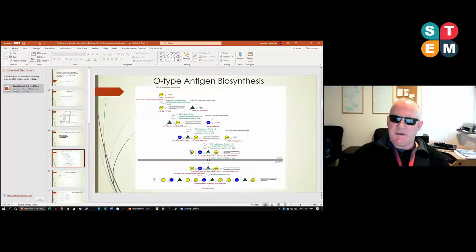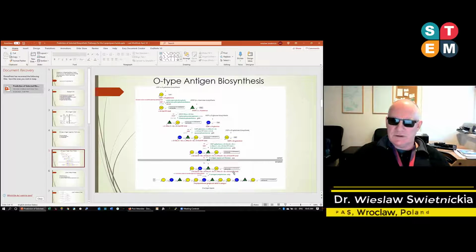And this is the basic tetramer unit. And this is transported across the membrane by the flippase, Wzx. And the enzyme is probably different than the one for the capsular antigen because the sequence similarity is too low. So we think that there are two different enzymes.